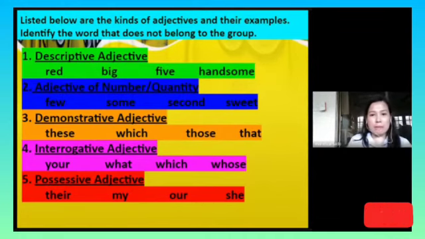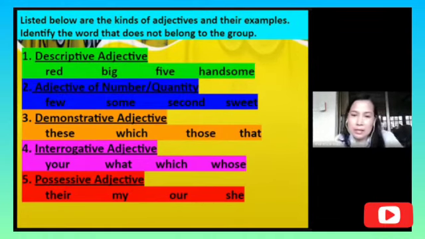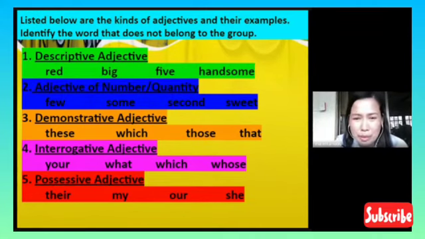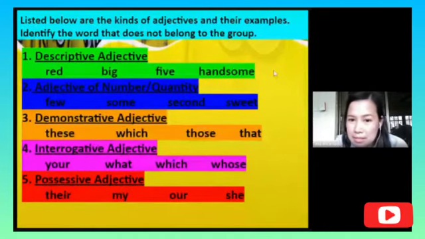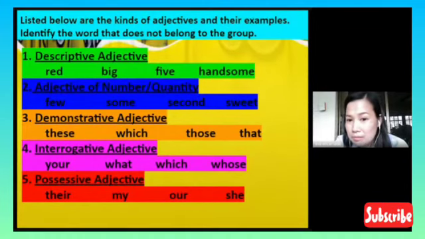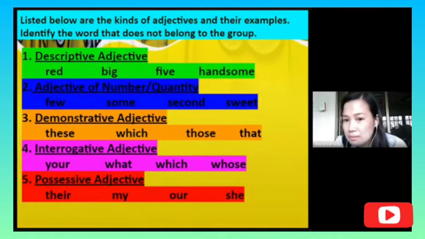I will read the question tapos piliin mo na kaagad yung sagot mo. Huwag mo nang tagalan. Number 1, descriptive adjective. Is it red? Is it big? Is it 5? Is it handsome? Pili na kayo dyan ng isa lang na word.